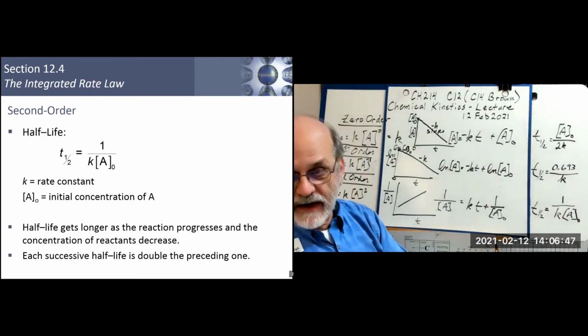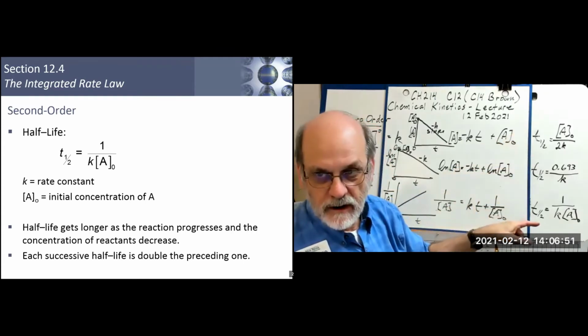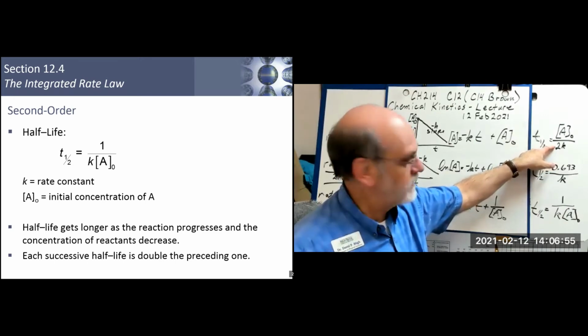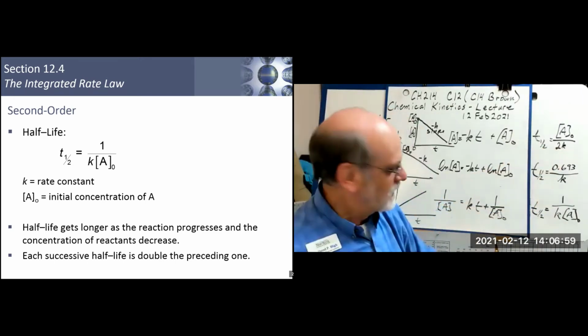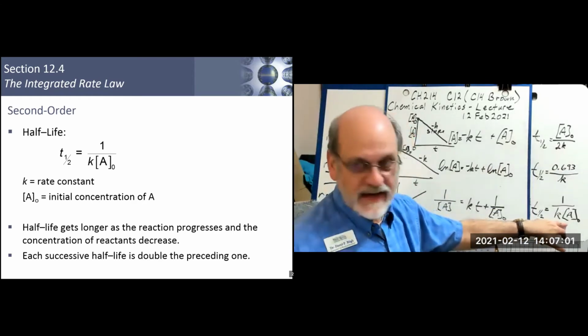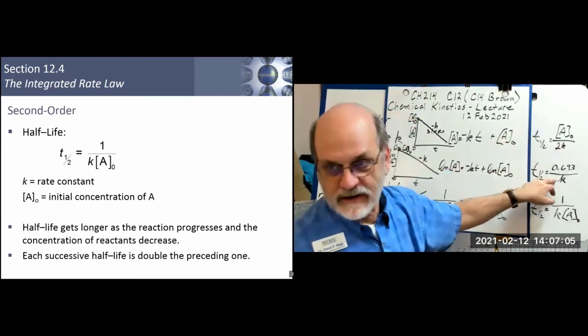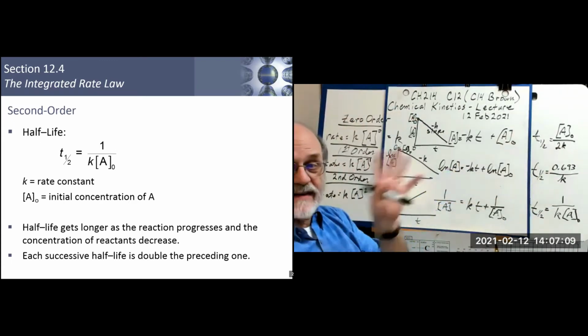Another thing I might point out is all three half-lives are dependent upon K, the reciprocal of K. It's in the denominator. K, K, K. This one has A0 in the denominator. This one's in the numerator. That one doesn't have it. So sometimes you can use that difference.